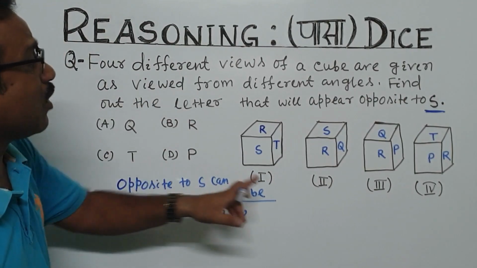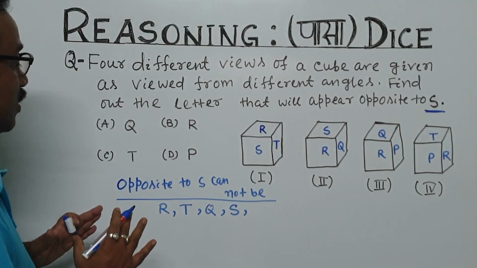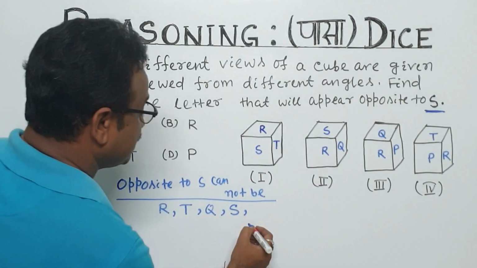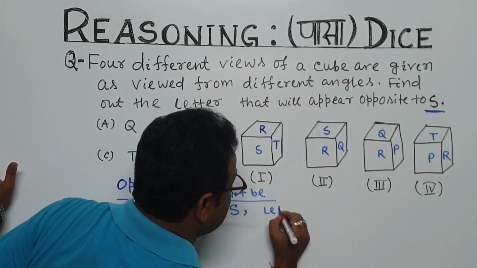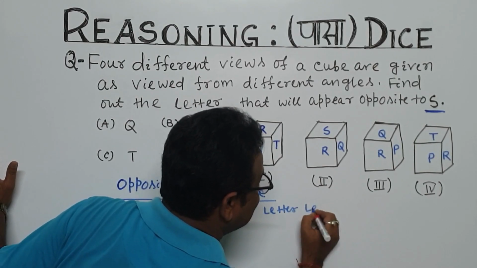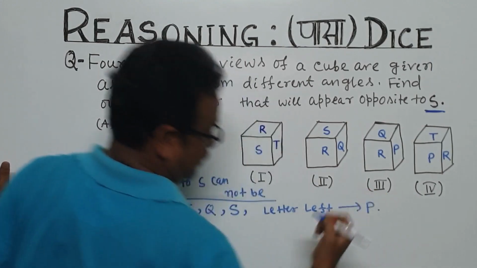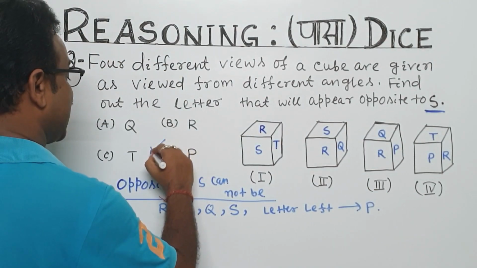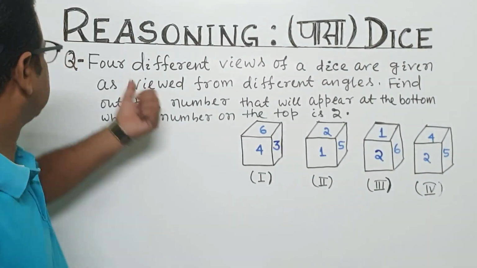Okay. Now what is left? Left is your P. So D is the correct option. So now move on to the next example.